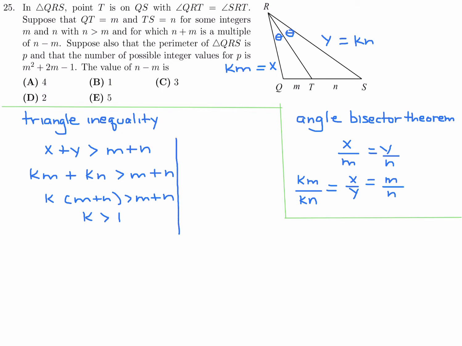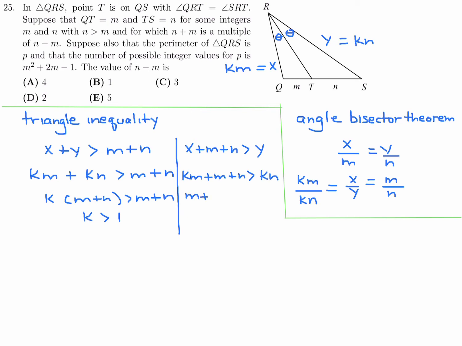Now I will use the triangle inequality again, but this time two different sides. I will compare this plus this to be greater than the third side. So it would be x plus m plus n is greater than y. Well, again, instead of x's, I'll put km plus m plus n, and then instead of the y, I'll put the kn.